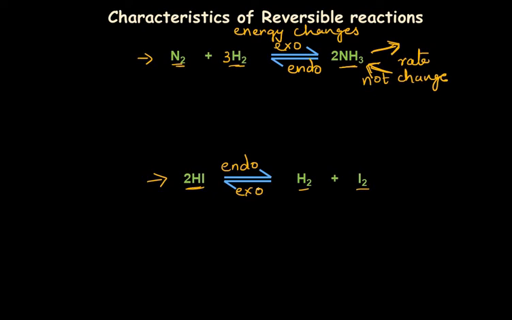So one of the other key features of the energy changes of equilibrium and reversible reactions is that if one side of the reaction is exothermic, the other side should be an endothermic reaction. This is one of the other characteristics of an equilibrium reaction.